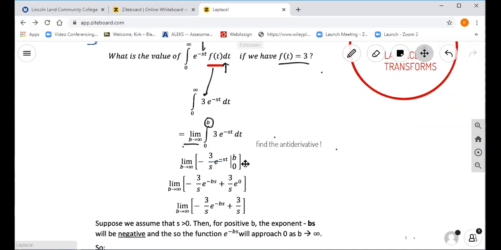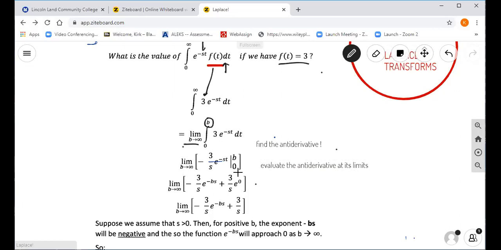And of course, we want to use the fundamental theorem of calculus and evaluate that at its limits. That means we're going to replace the upper limit with t equal to b, and that'll give us negative 3 over s times e to the minus bs.